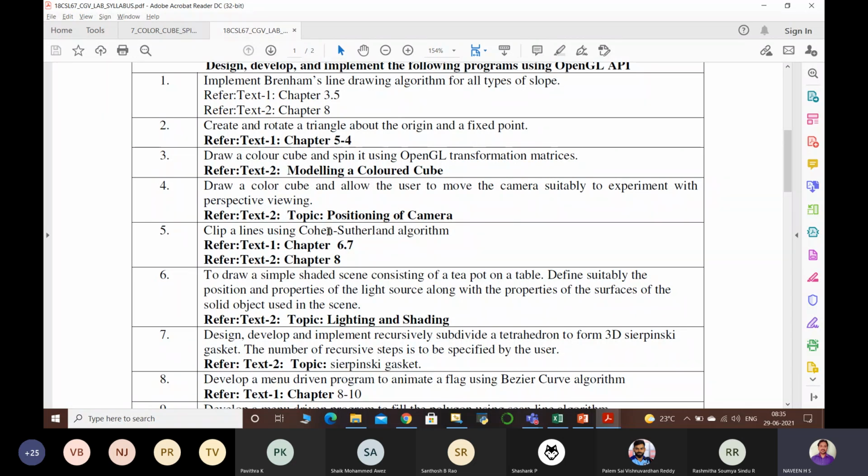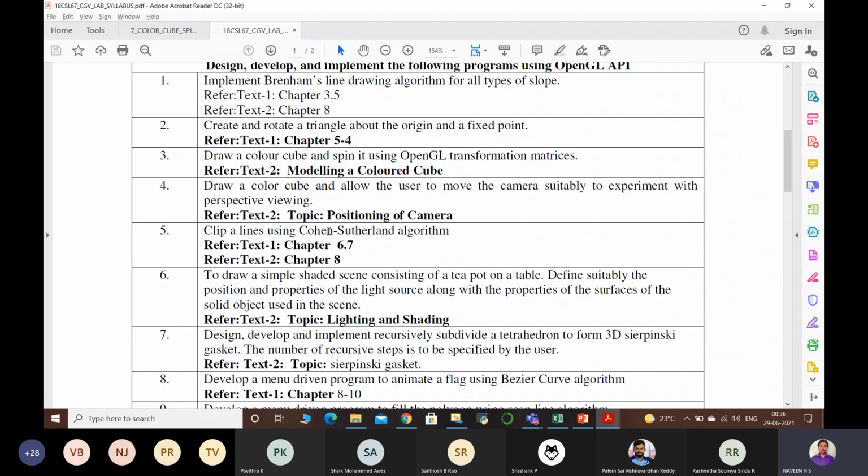Next, with only one or two points different from the third program, your fourth program will be: draw a color cube, and allow the user to move the camera suitably to experiment with perspective viewing. What changes are we observing here? The object is not moving; it will be constant.